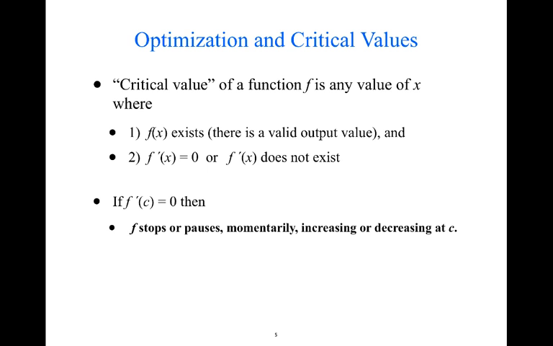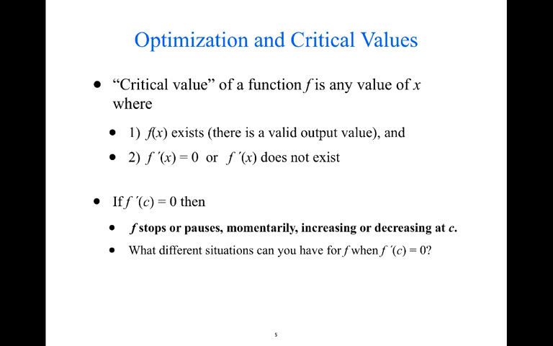So it rested for a moment, it paused. Does that make sense? So it's the same thing as when we talked about the derivative or the rate of a constant is 0. So what does it mean for it to be constant for just a moment? That's what we're talking about here as a critical value. It's constant for just a moment.